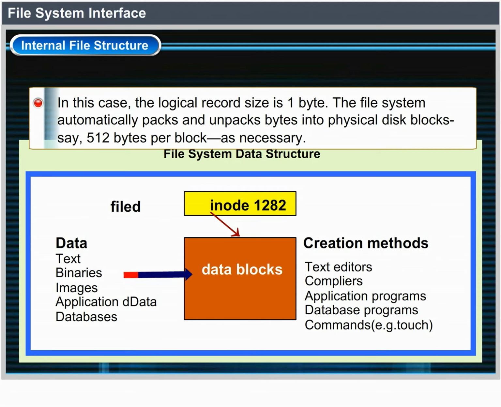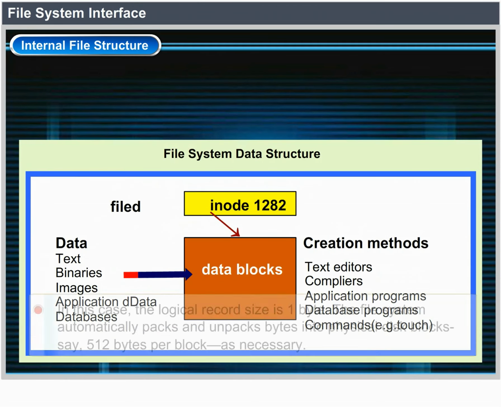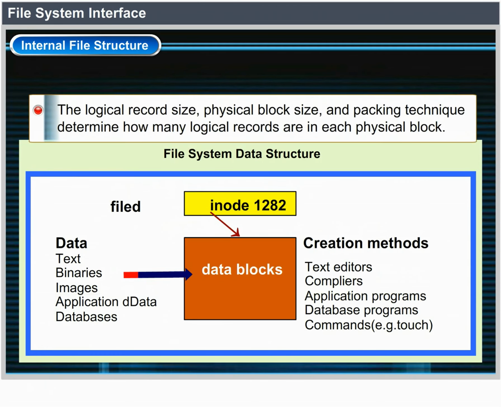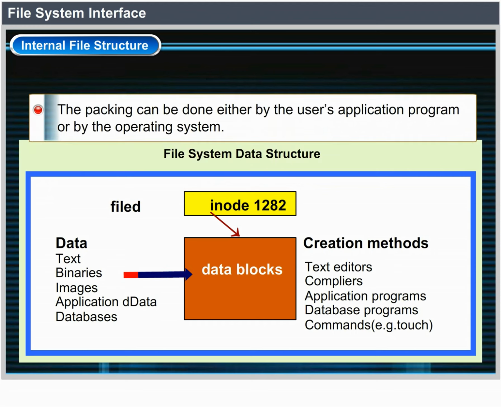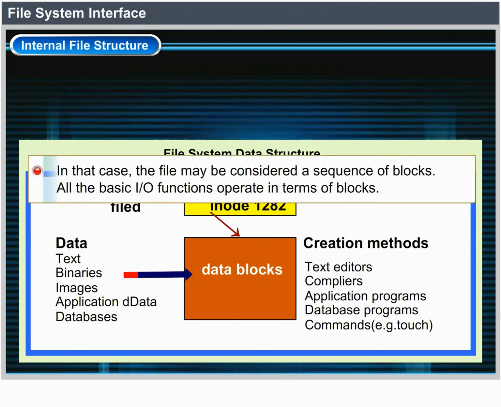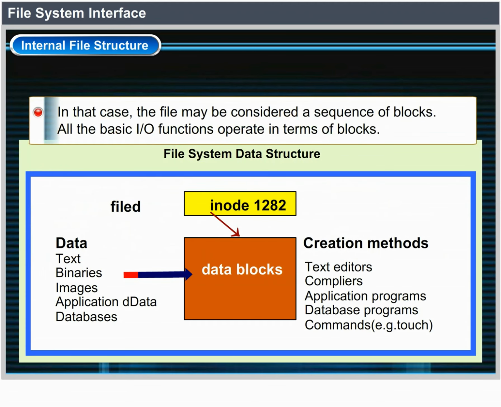The logical record size, physical block size, and packing technique determine how many logical records are in each physical block. The packing can be done either by the user's application program or by the operating system. In either case, the file may be considered a sequence of blocks. All the basic input-output functions operate in terms of blocks. The conversion from logical records to physical blocks is a relatively simple software problem.